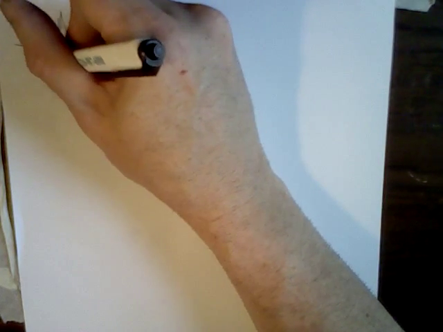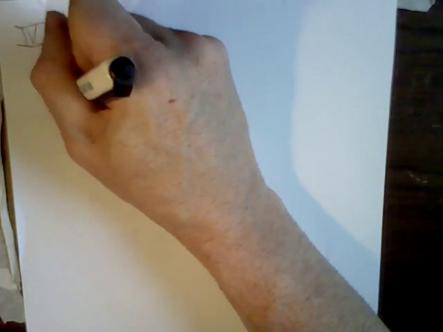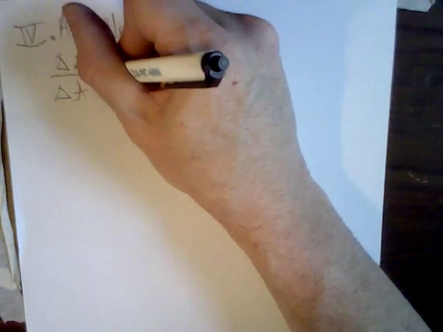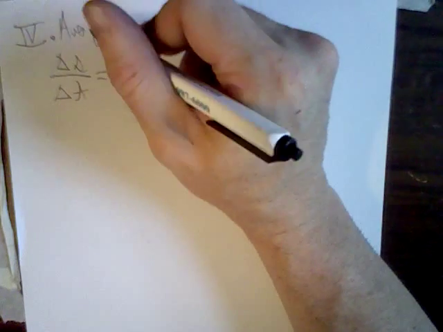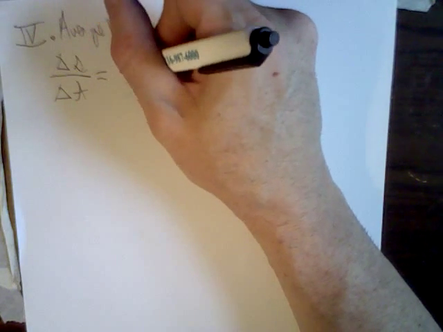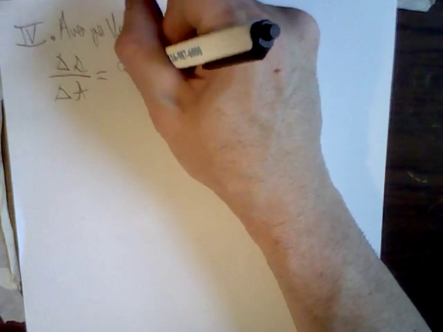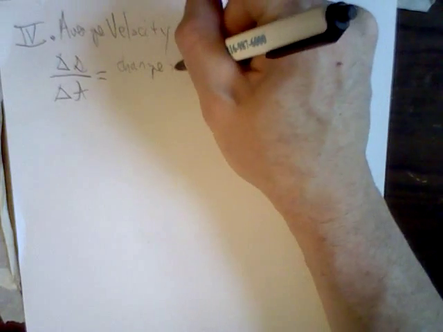So the average velocity, and we're going to use the letter S for change in position, is change in position over change in time.